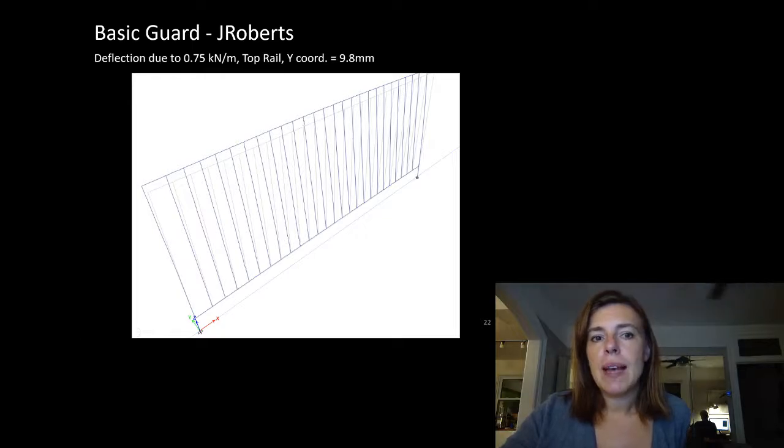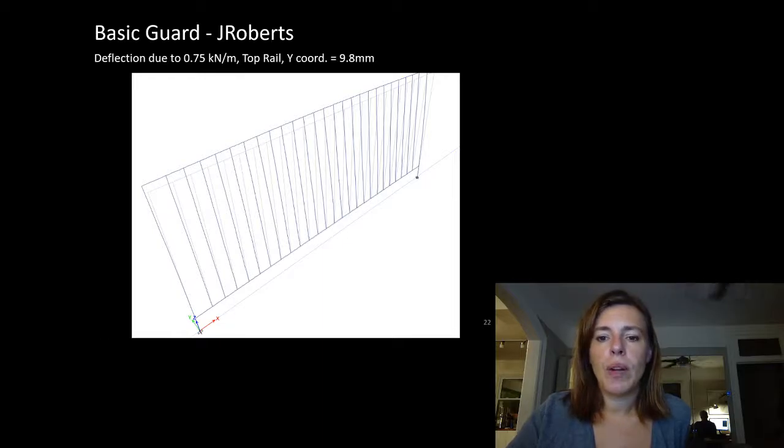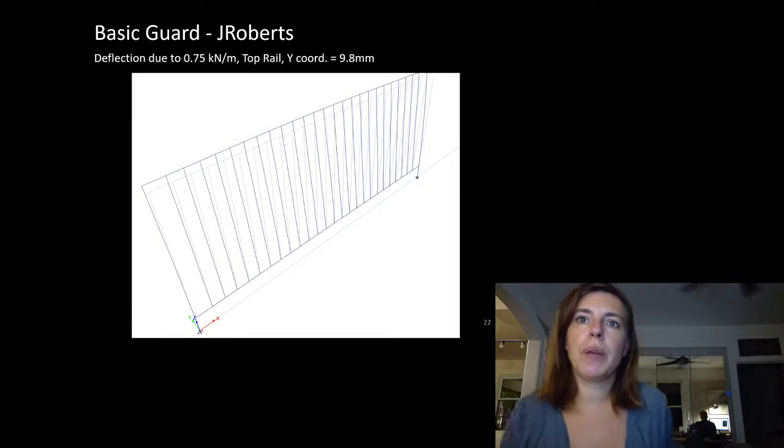Remember, we said that the 1 kilonewton point load wasn't the worst case, and that 0.5 kilonewtons or 0.3 kilonewtons was appropriate. Well, this is a higher load with less movement. So totally realistic and totally appropriate.